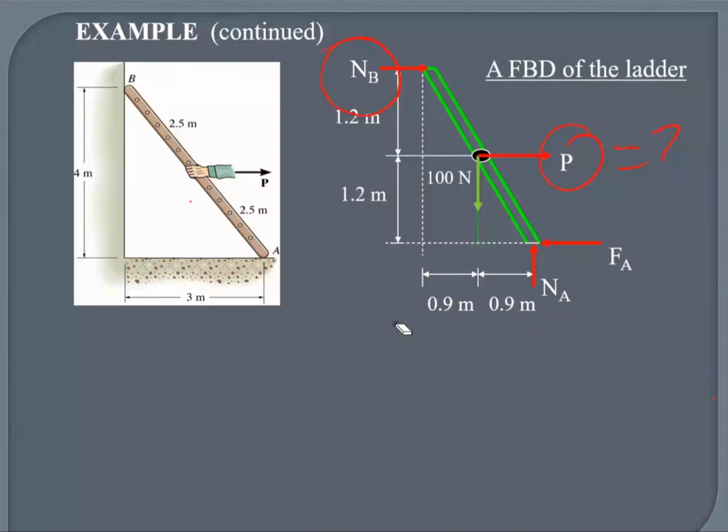NB equals 0. So what was the coefficient of friction? It's not given in the diagram.